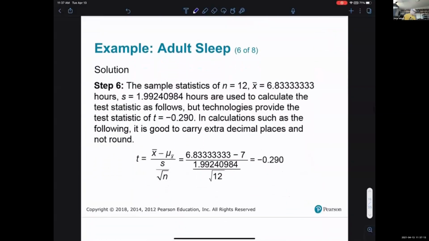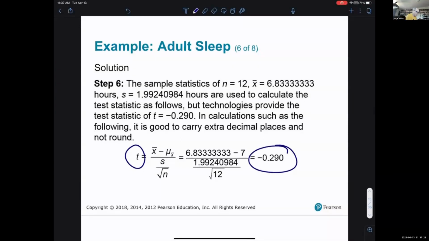So then they're showing how to do it with the formula, but we would just enter our sample material, in this case, the values themselves, the data, into StatCrunch, and we would get this t statistic, t stat. The t stat is what they refer to as the test statistic.